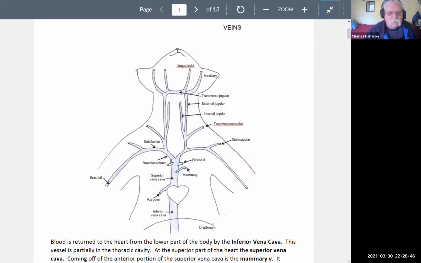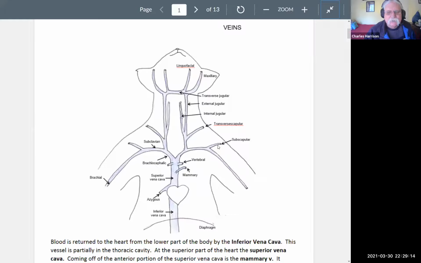Now, let's go out the brachiocephalic again, pass the external jugular, and then there's a small section called the subclavian, going underneath the clavicle, subclavian. And when it splits, the split is to the subscapular, shown over here.